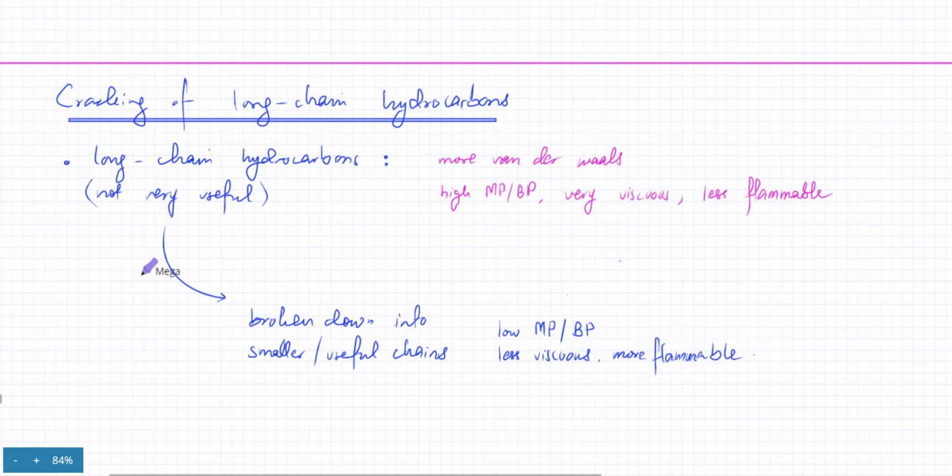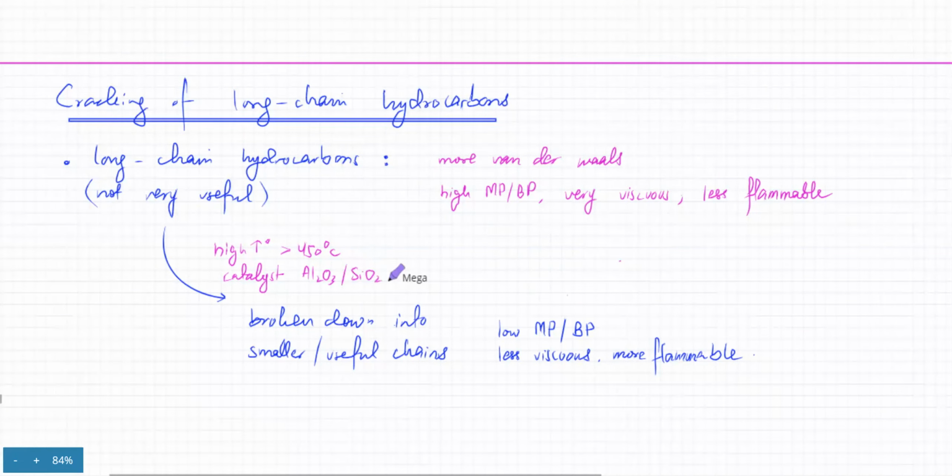How do you break them? The conditions for this reaction are that you use high temperatures, which are usually greater than 450 degrees centigrade, and you use a catalyst. And the catalyst is Al2O3 and SiO2.